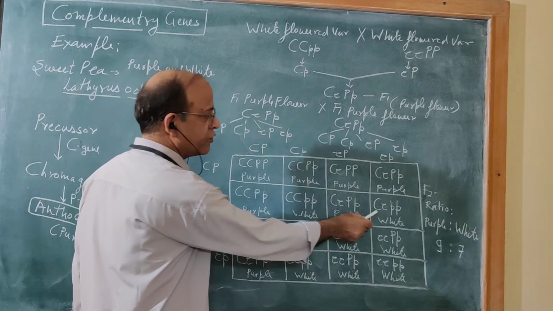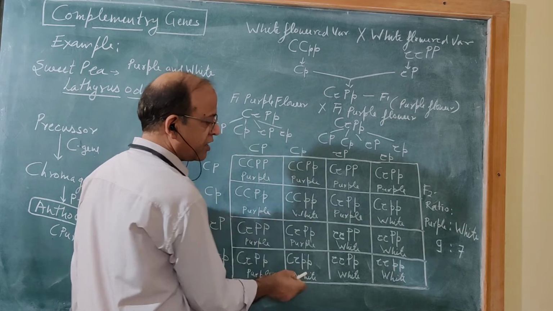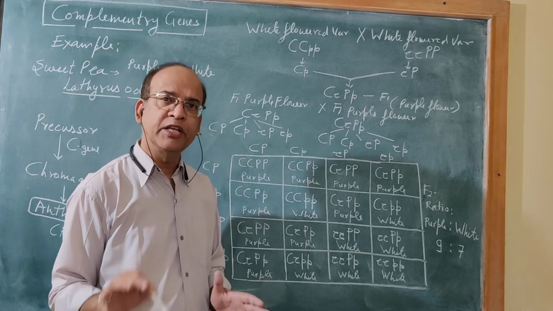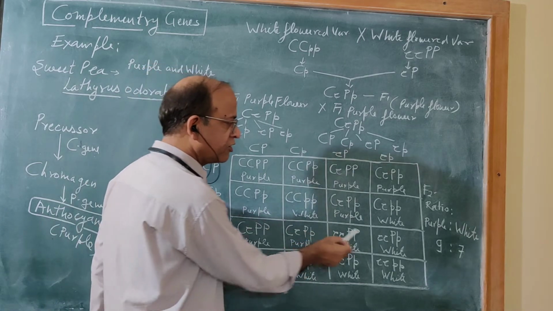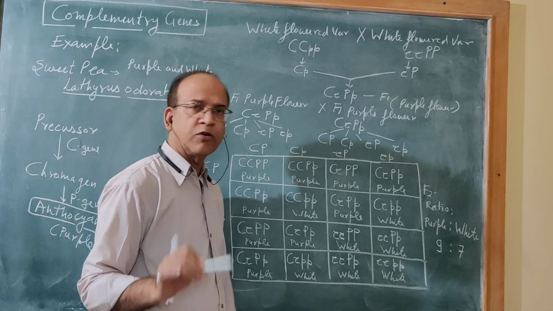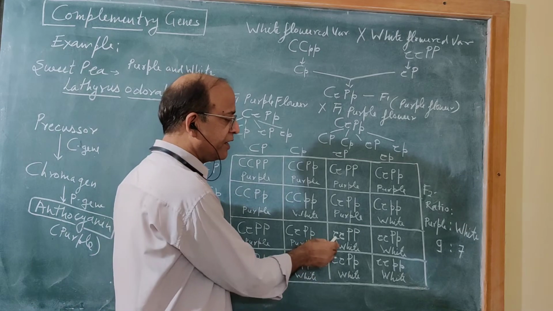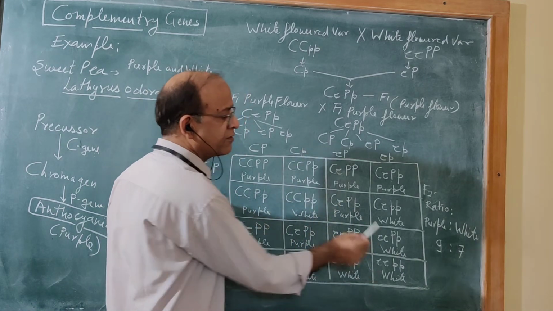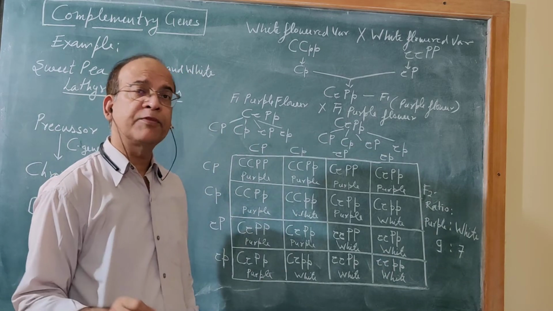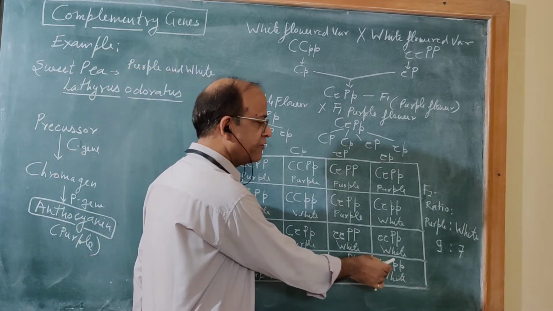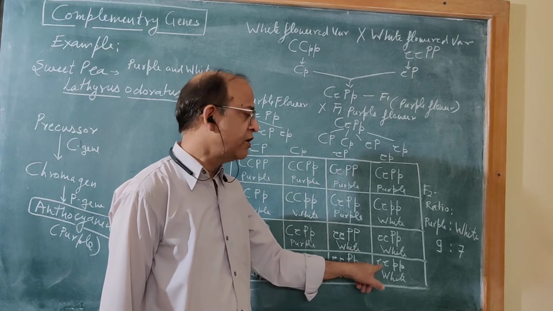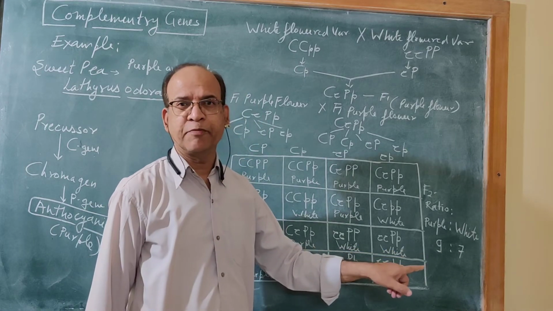So these three are white because of the absence of dominant P gene. These three are white because of the absence of capital C gene. And this particular one is white because of the absence of C as well as P. Neither dominant C nor dominant P is present here.